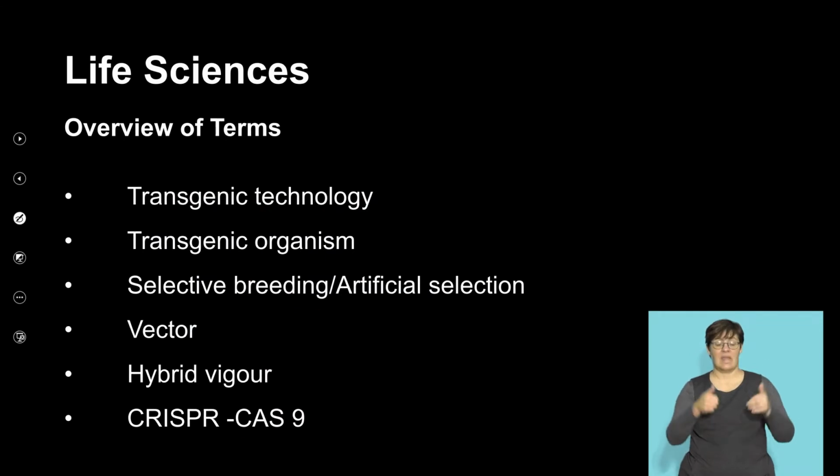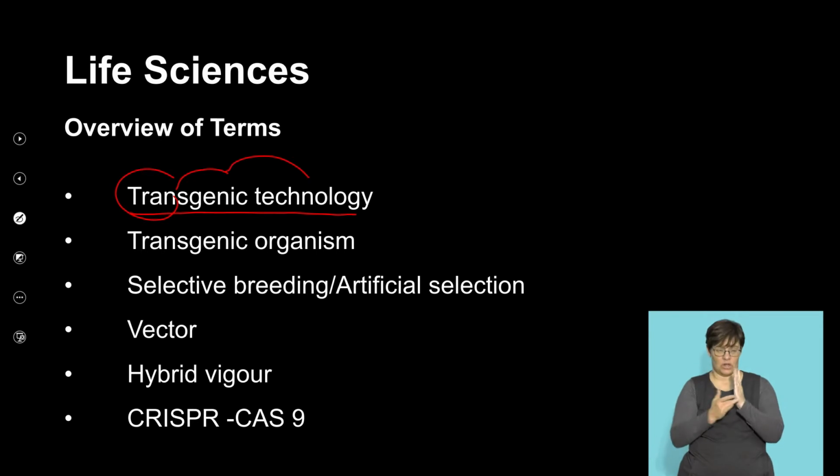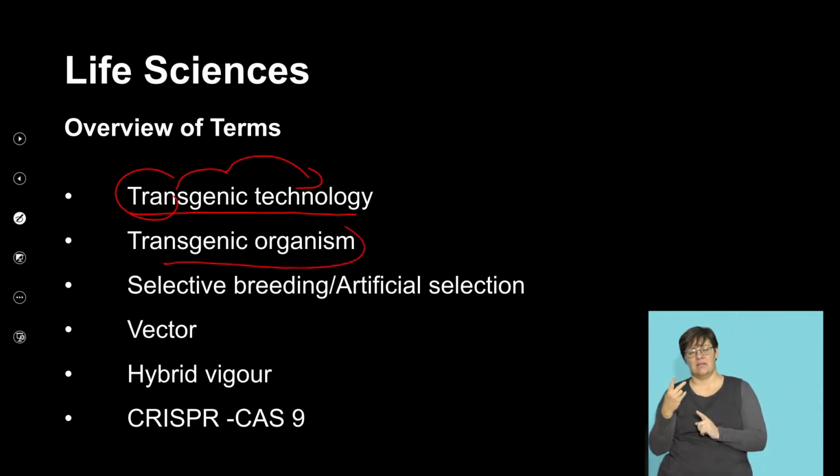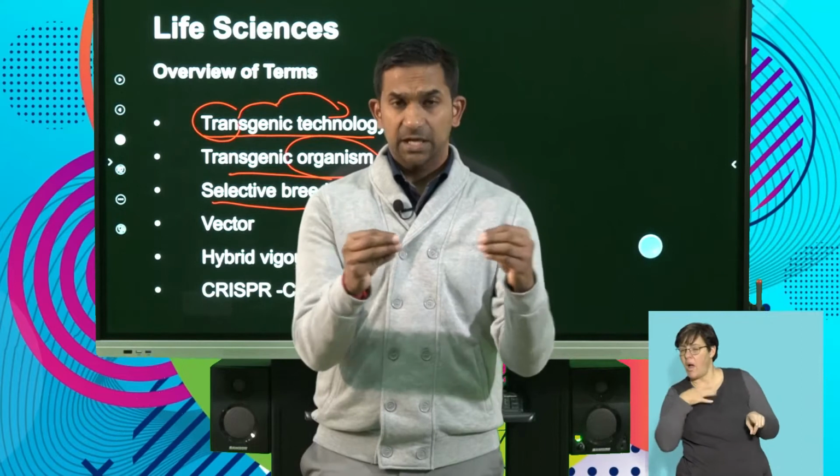The next concept, transgenic technology, is essentially transferring genes into another species or individual, and that creates organisms that are transgenic. The idea of selective breeding or artificial selection is where an animal breeder chooses individuals with specific characteristics and crosses them.